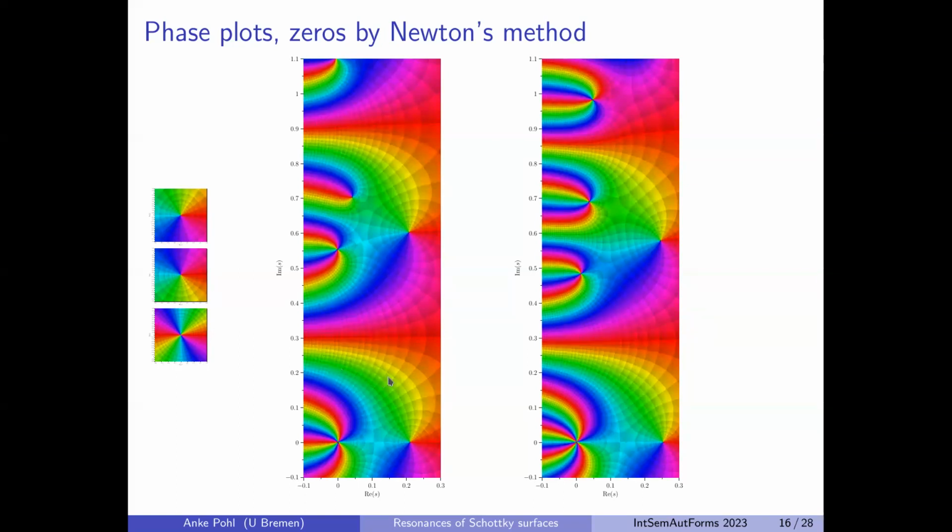What you see in the big pictures is actual phase plots for the zeta functions for specific surfaces. For example, down here we see a first resonance, a first zero, because here you see one rainbow. At that point you see a zero of order 3 because you have 3 rainbows.